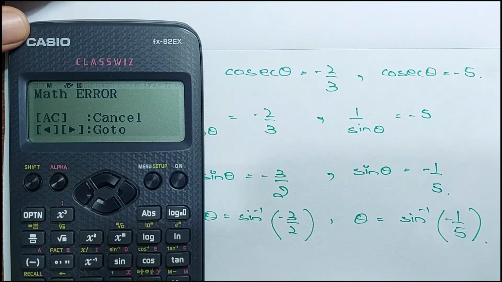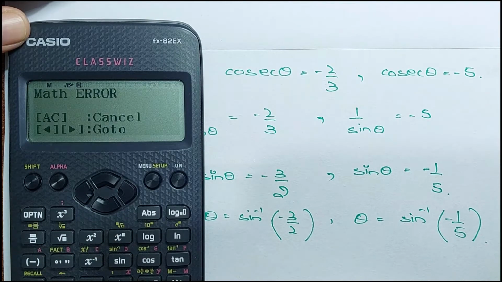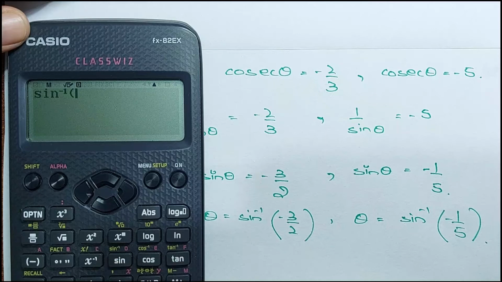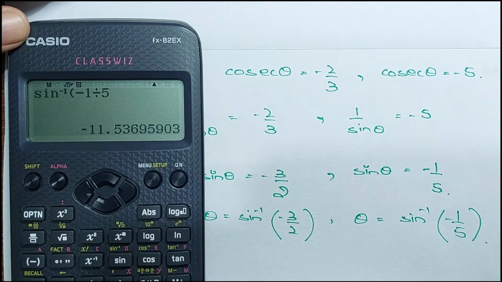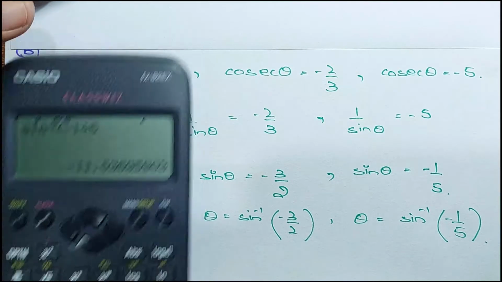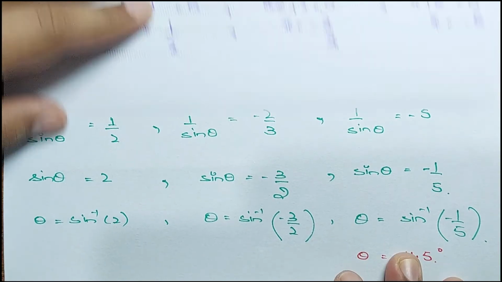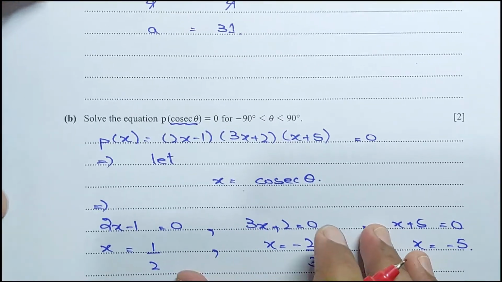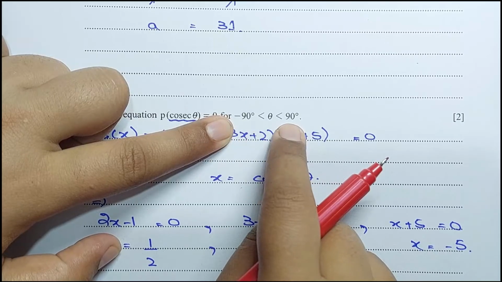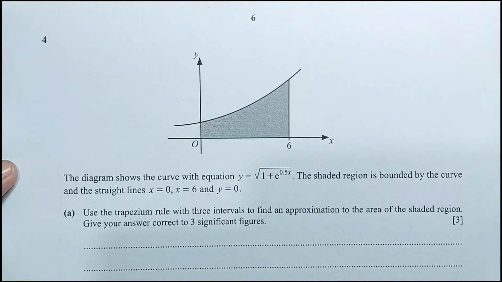Sine inverse of negative 3 by 2 does not exist. Sine inverse of negative 1 by 5 is minus 11.5. So theta is only negative 11.5. That is the only solution in terms of degrees, and this solution belongs to the given range we have from minus 90 to 90 degrees.